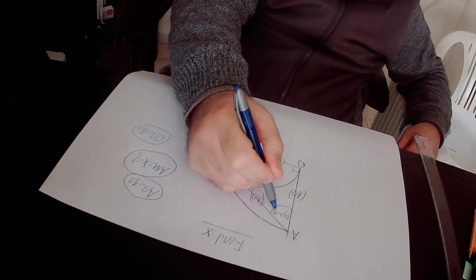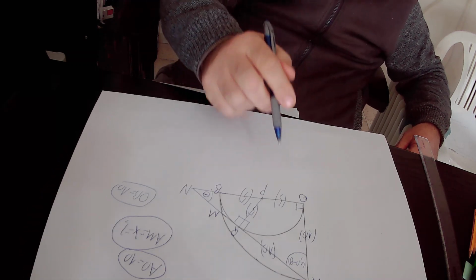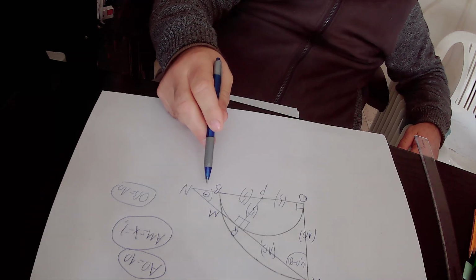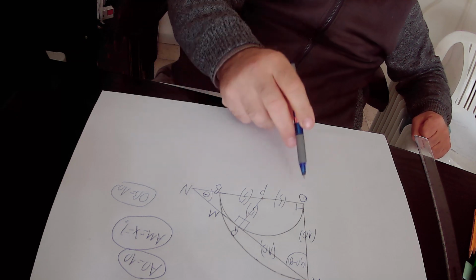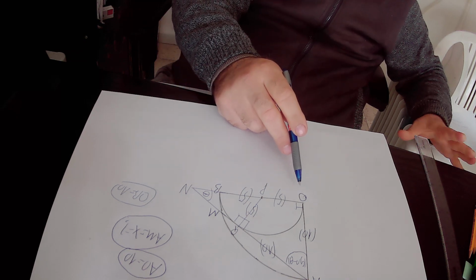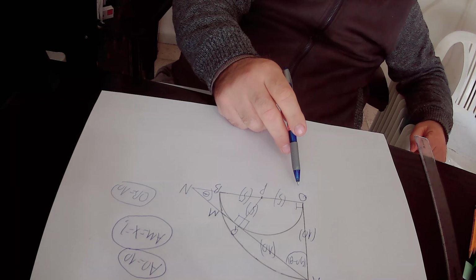Why? Because 90 degrees minus theta plus theta is 90 degrees, and 90 degrees plus 90 degrees equals 180 degrees. That is the sum of the angles in any triangle.